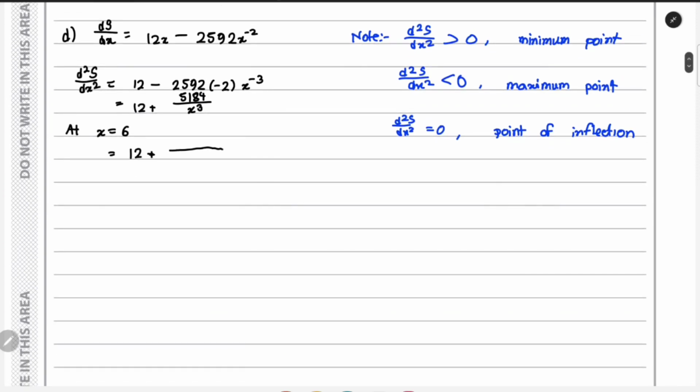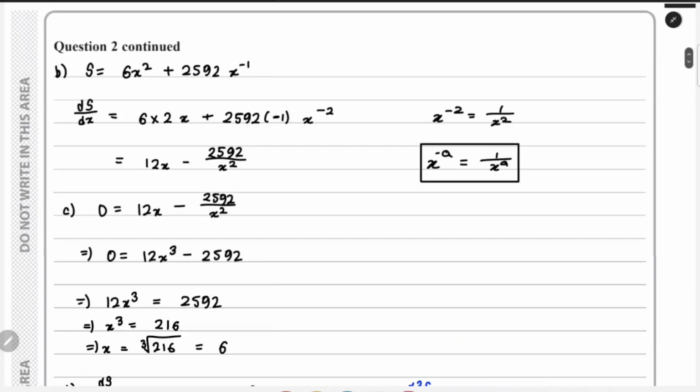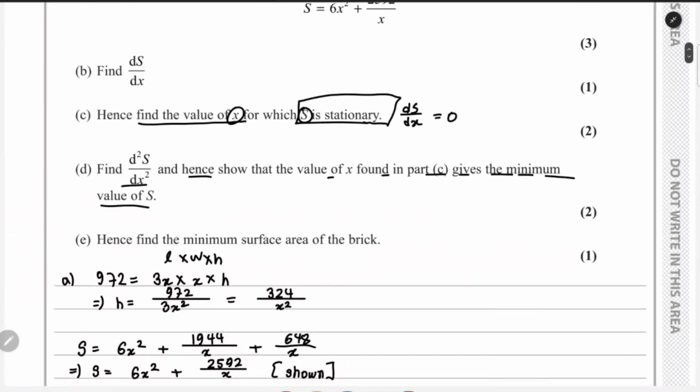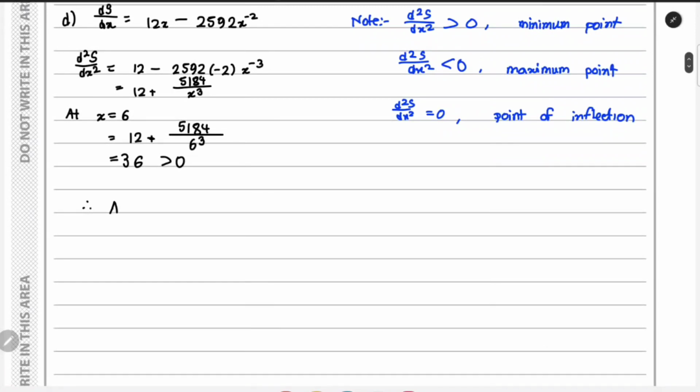We'll have 12 plus 5184 by 6 cube. This is 36, which is greater than 0. Therefore, at x equals to 6, we get a minimum point.